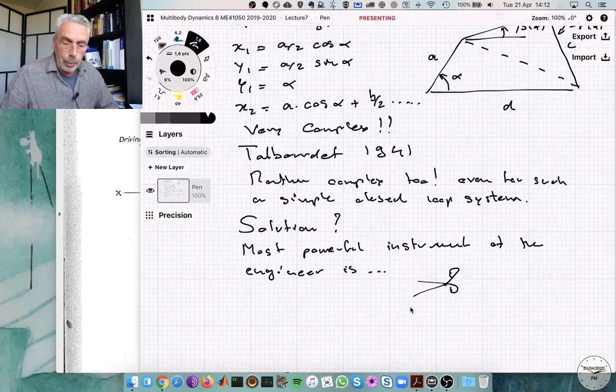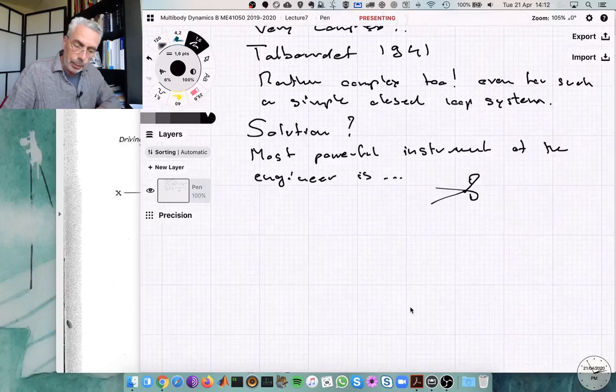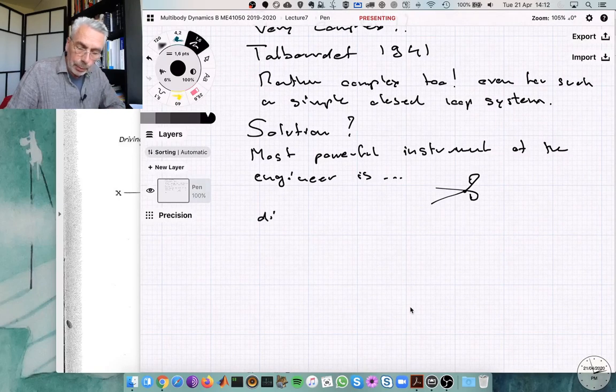So what are we going to do with the scissors? So we do like Napoleon, right? We do divide and conquer. The Napoleon approach.